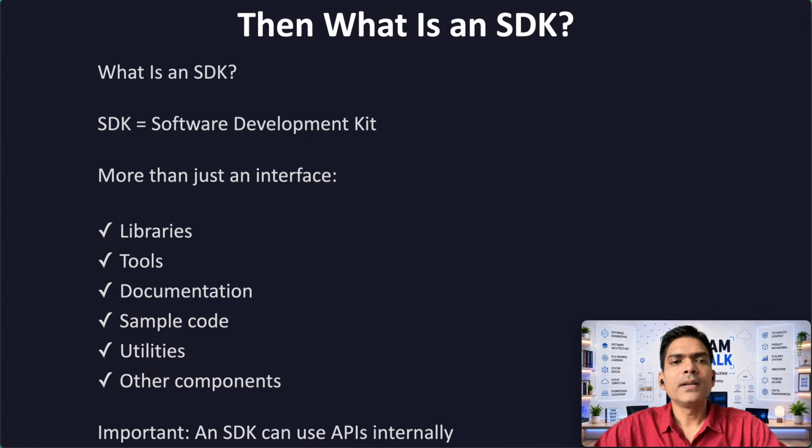Now, let's come to the second term, SDK. SDK stands for Software Development Kit, and an SDK is more than just an interface. It can contain libraries, tools, documentation, sample code, utilities, and other components that help developers integrate with a platform or service.